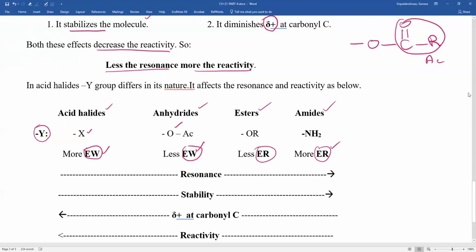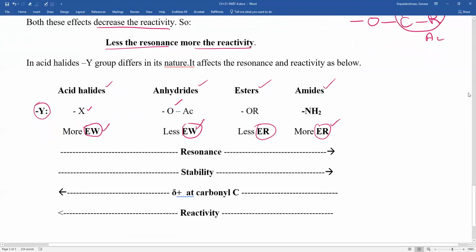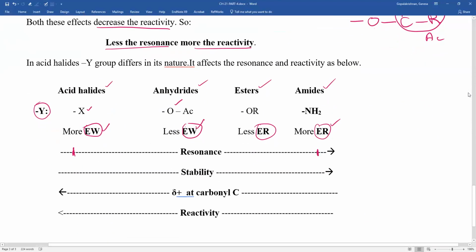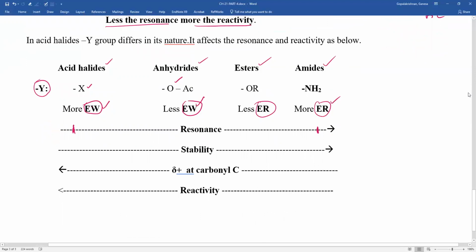The amount of resonance increases with more electron releasing capability. If it is an electron withdrawing group, the resonance is less stable. If it is an electron withdrawing group, it hesitates to put the electron in and participate in the resonance. It does, but slowly. If it is an electron releasing group, it does it faster.